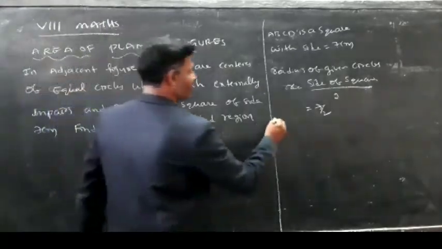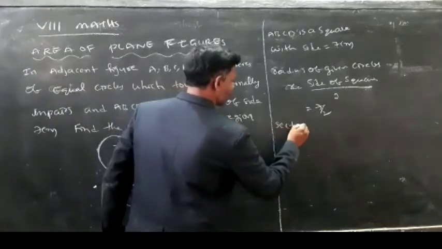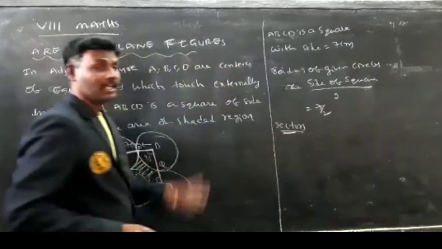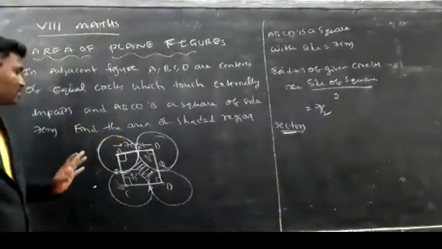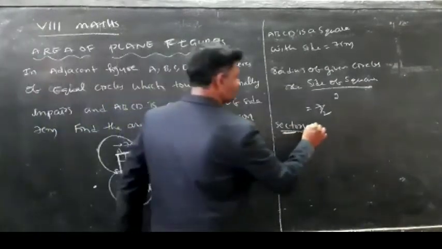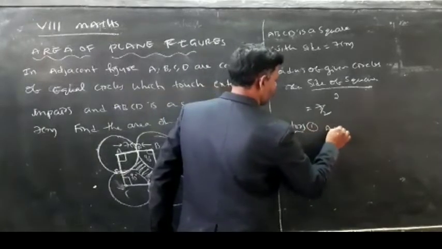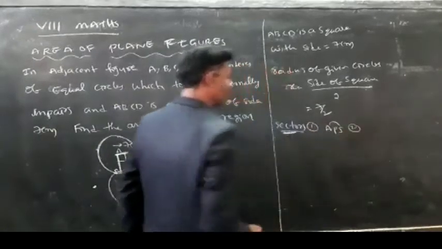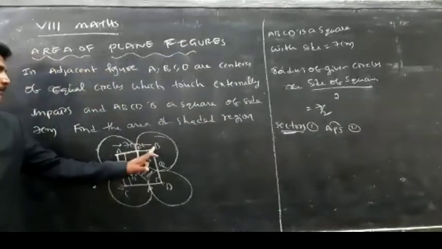So what can we write here? Total four sectors are formed. What is the name of the first one? APS. One sector APS. Second one PBQ.